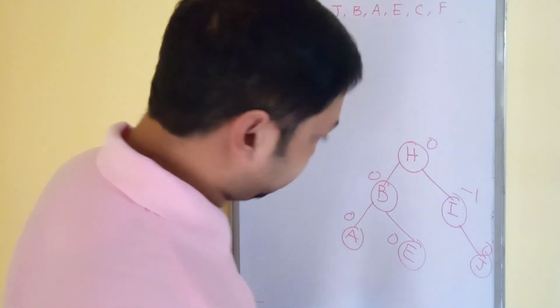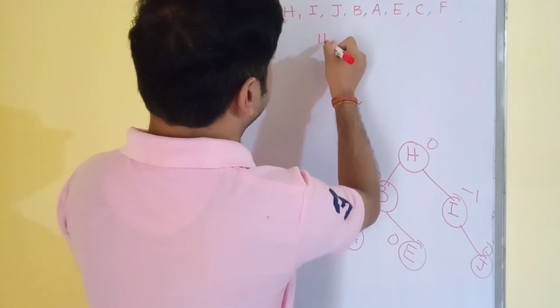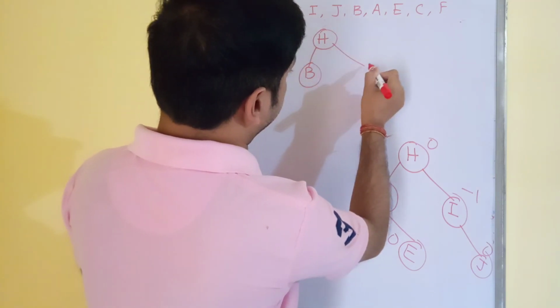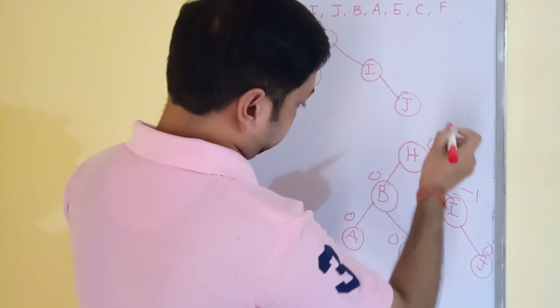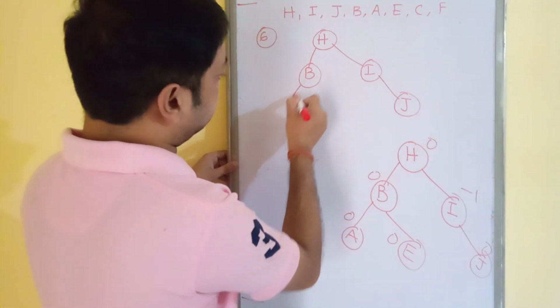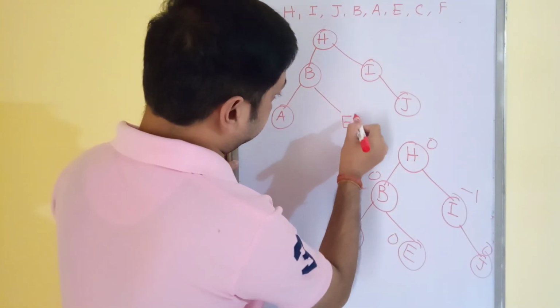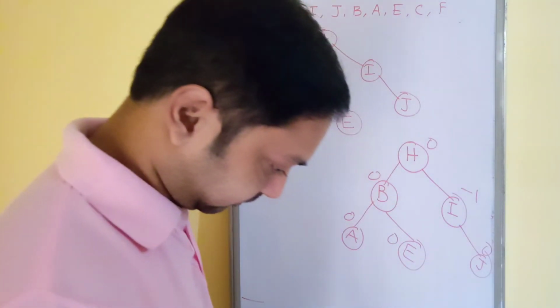That is H, B, I, J. So this is H, this is B, this is I, and this is J. Okay. So this is A, and this is E. So this is the new structure.